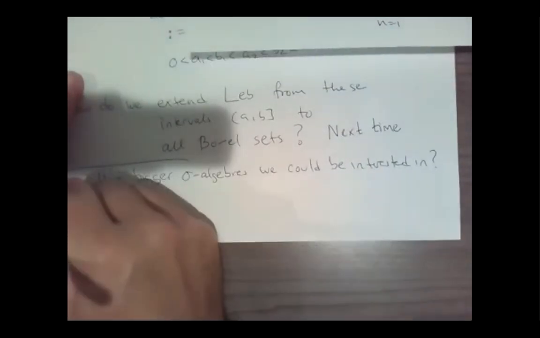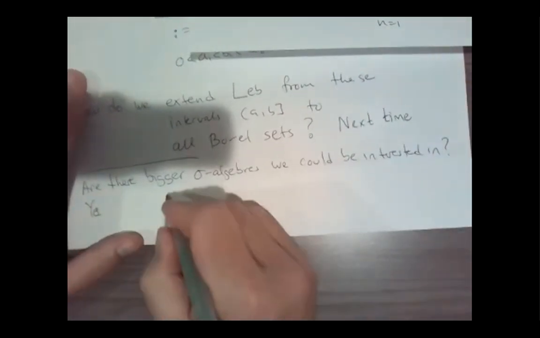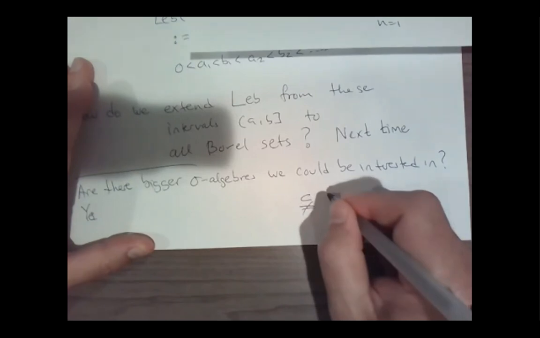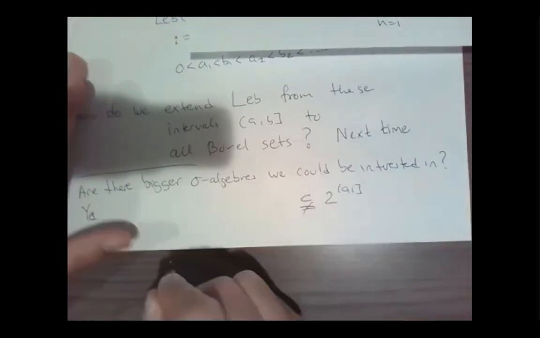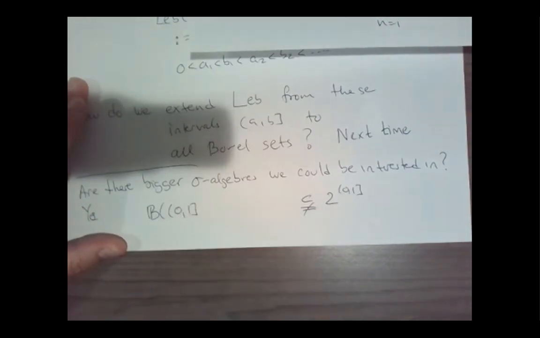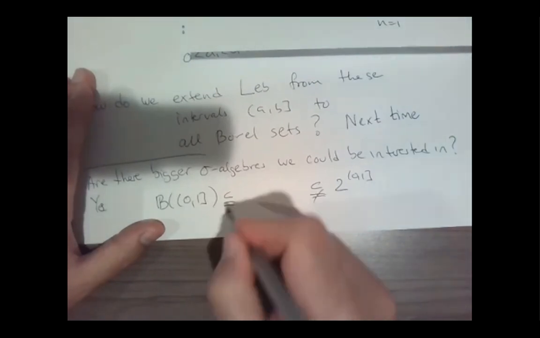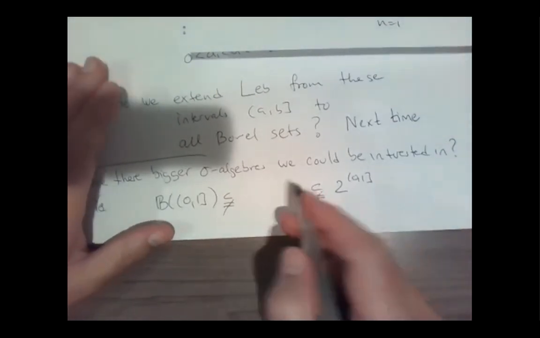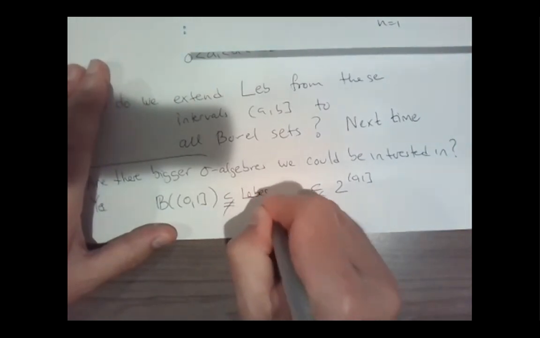And the answer is yes. What we have is the food chain. So here we have 2 to this, and over here we have B. And there is something in between here. There is a sigma algebra in here, and this is called the Lebesgue sets.